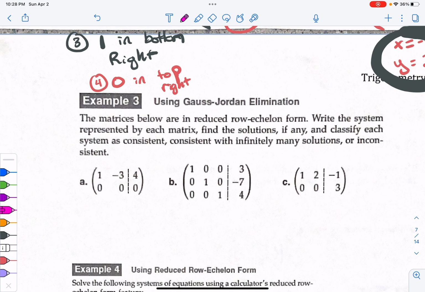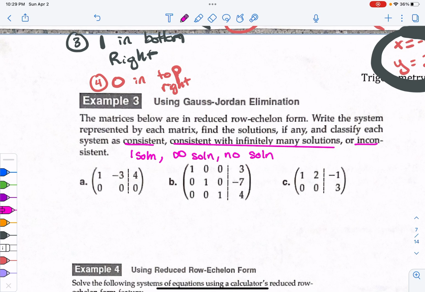It says write the system represented by each matrix and then find the solutions, if any, and classify it as consistent with infinitely many solutions, or inconsistent. I don't like that wording. Just tell me whether it has one solution, which is what consistent means, infinitely many solutions, or no solution. Just tell me one of those three things, and I think there's one of each on here, so we'll see that in a second.